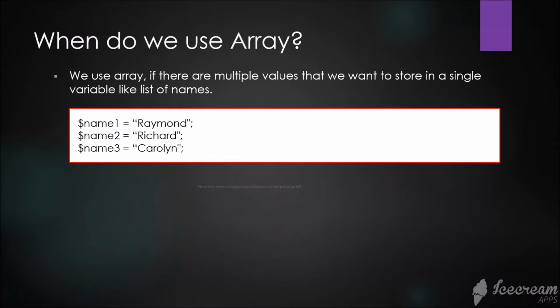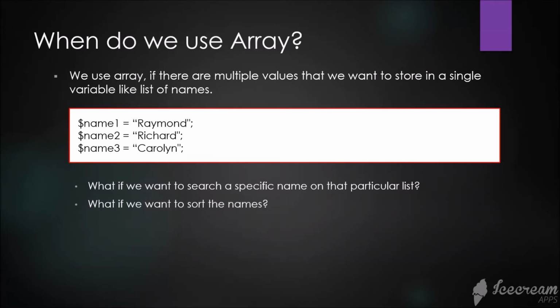But what if we want to search for a specific name in that particular list? At the moment, it's easy because we only have three items. But what if there are already 50 or even 100? That's a lot, so we'll have difficulty searching for a name.